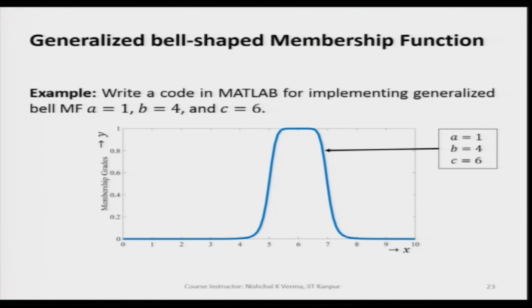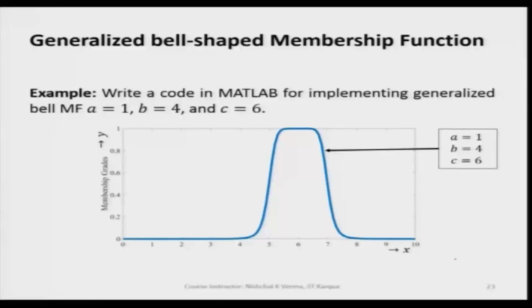We can use the same MATLAB code for generating this generalized bell shaped membership function. We have to substitute the values of a, b and c, and then we will get this bell shaped membership function generated.